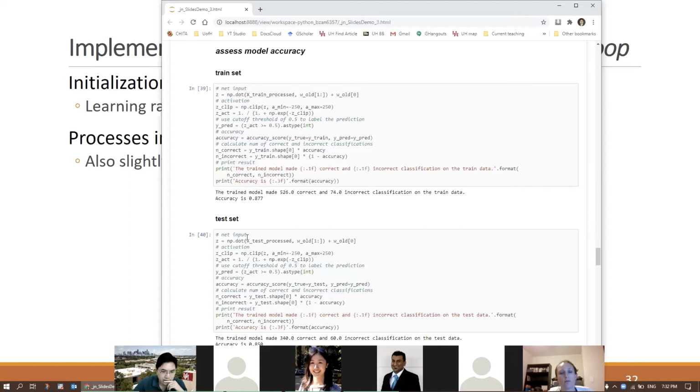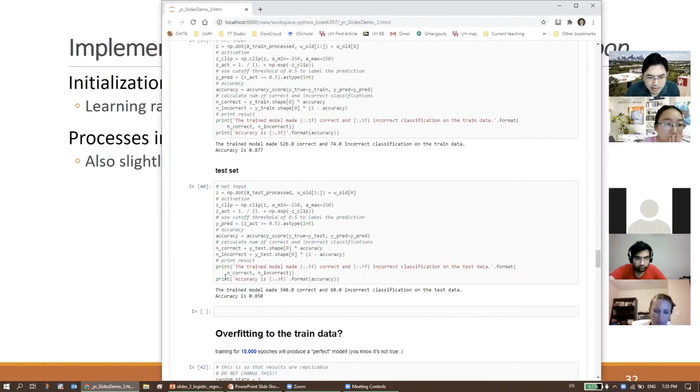With the test set, let's look at the test set. So the test set is really the other sample set. If the model is overfitted, test set performance will be worse. Train set and test set performance is close enough.